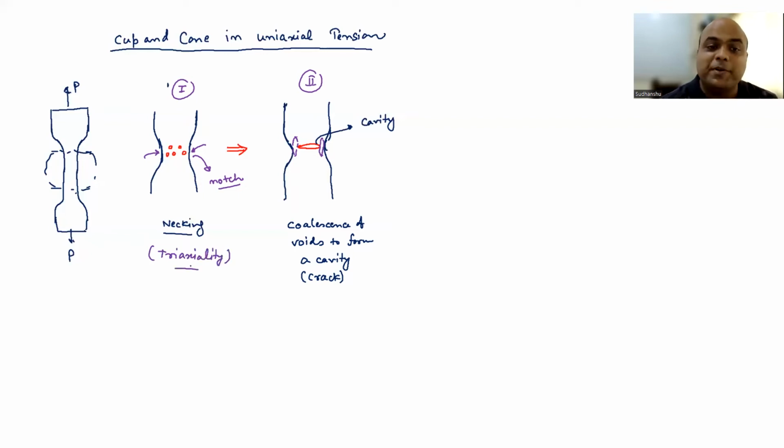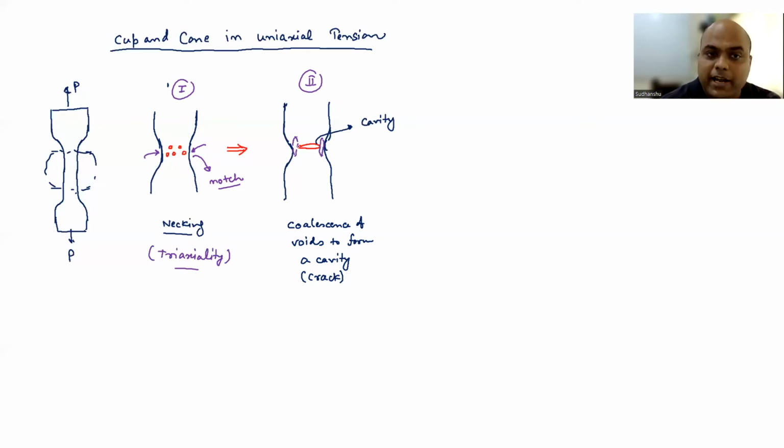And we also know whenever you have triaxiality, the void nucleation becomes easier. We have discussed that in the last lecture. So now we come to stage 2. These voids have formed. There is triaxiality there, and they are going to form now a cavity or a crack. And now we are left with a region which is very, very thin, and for all practical purposes, as the region is thin, we can assume that it is in plane stress condition.